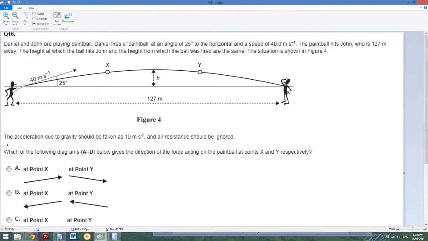So it's 14.3 meters. Okay. Using the correct significant figure, yep, 3 significant figures. Okay, so that's your answer.